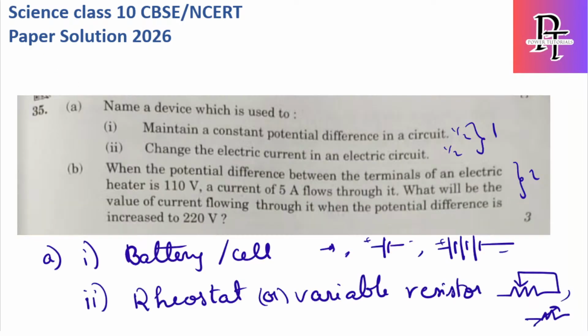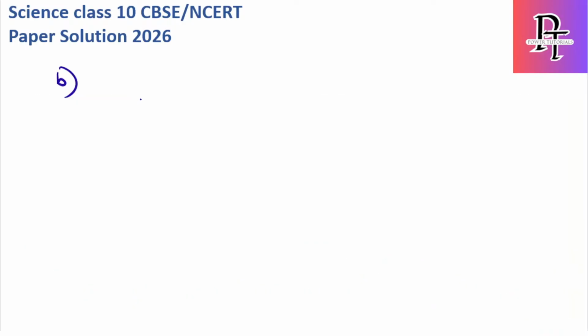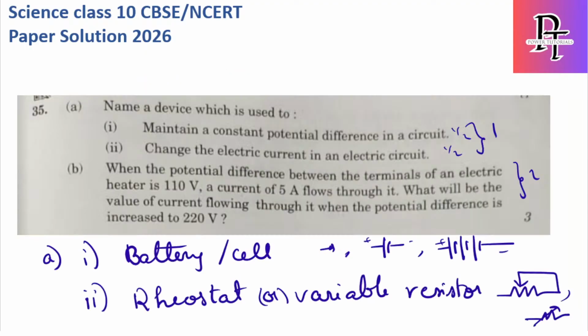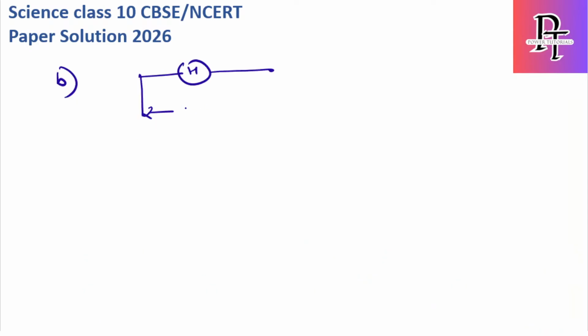Okay, let's see the second part, B. They are saying that the potential difference between the terminals of an electric heater is 110. So we have an electric heater, I'll just write it as heater. The potential difference across the electric heater is 110 volts.